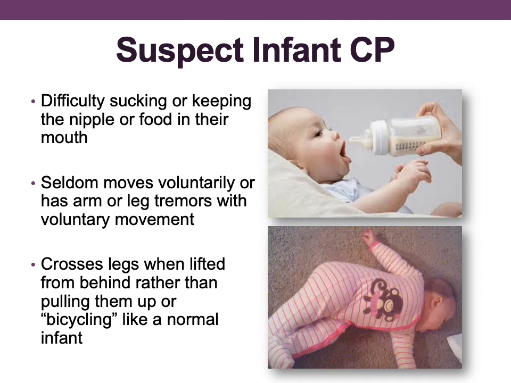They just can't keep the nipple or the bottle in their mouth. Another sign is that they seldom move voluntarily or have arm and leg tremors when they do try to move. Another sign would be crossing the legs when lifted from behind rather than pulling them up in a bicycle pattern, which is a normal position for an infant being lifted in that manner.